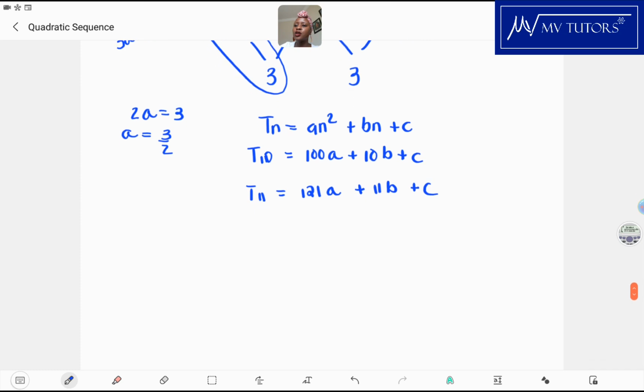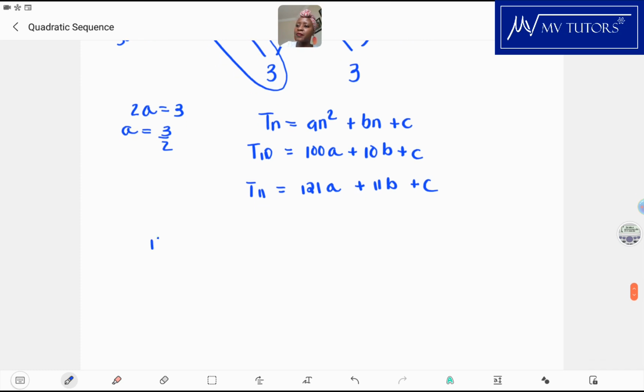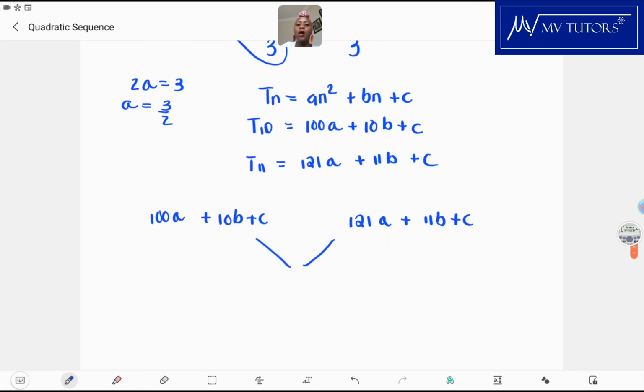So if I have 100a plus 10b plus c, and then 121a plus 11b plus c, so the first common difference, 121 minus 100, I'm going to get 21a, and then 11 minus 10 would just be 1b, and then the c cancels.